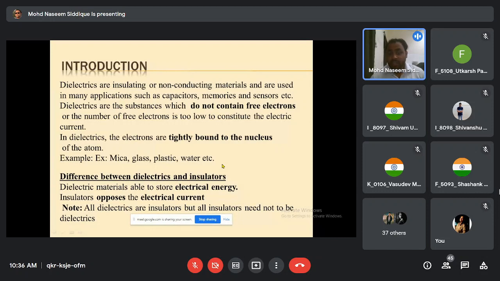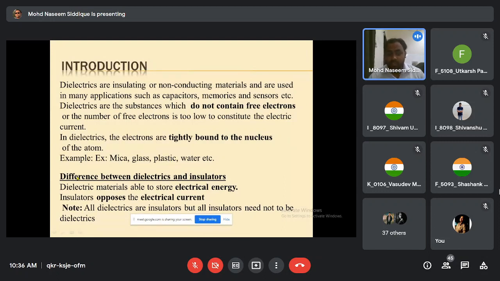Okay, so everyone can get an electric shock in the water, but the water is an insulator. So how can we get the electric shock? Because water has the dielectric property. It can conduct electricity via the bound electron system. So what is the difference between dielectric and insulator?